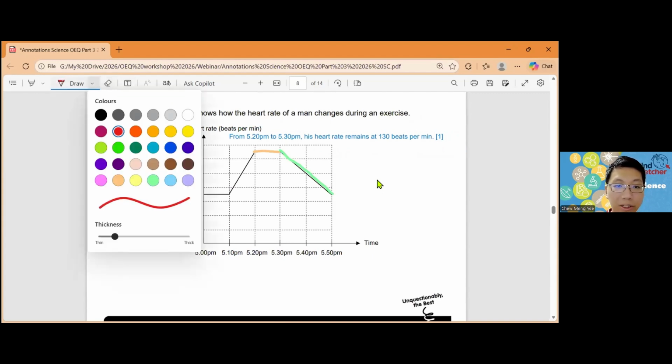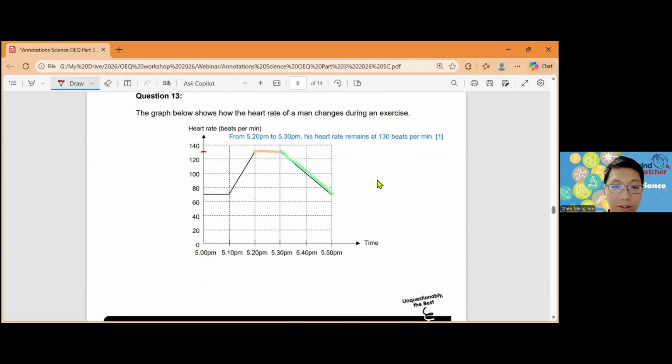So you have to make a good estimate, which is quite obvious, around half. Of course, you don't need to go into specifics, maybe it's 131, 132. No, it is approximately half. You can just keep it as 130. Then subsequently from 5:30, it should drop from 130 to around 70. So state it clearly.